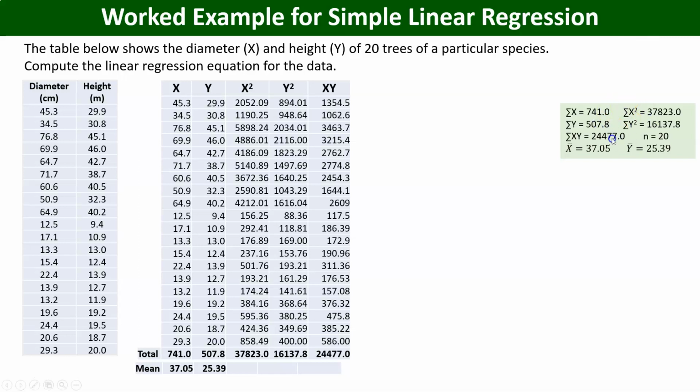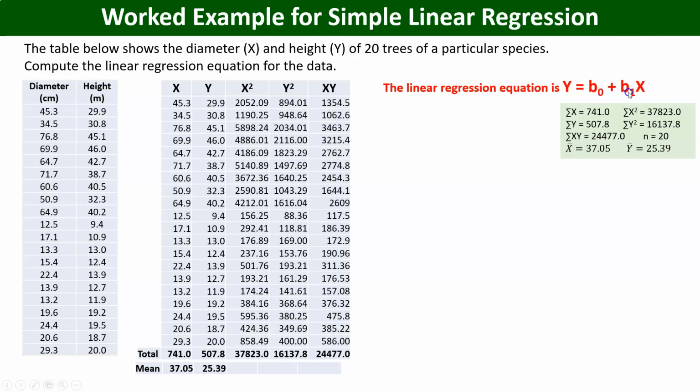So once you have these values, you are ready to proceed with the analysis. So the linear regression equation usually is y equals B0 plus B1x. Now, in this equation, y is the dependent variable. We know that x is the independent variable, which is diameter in this case.